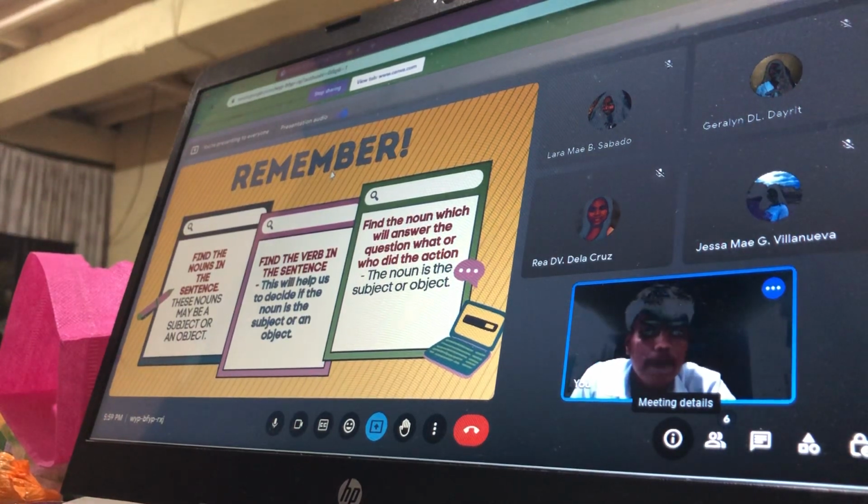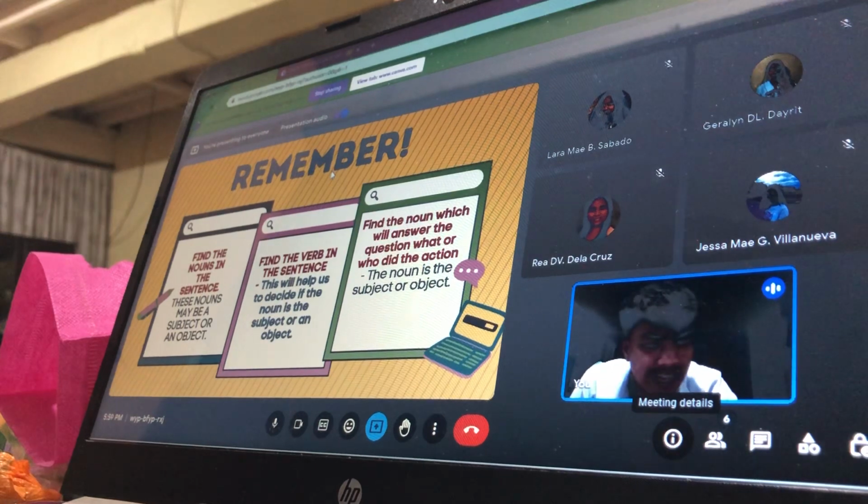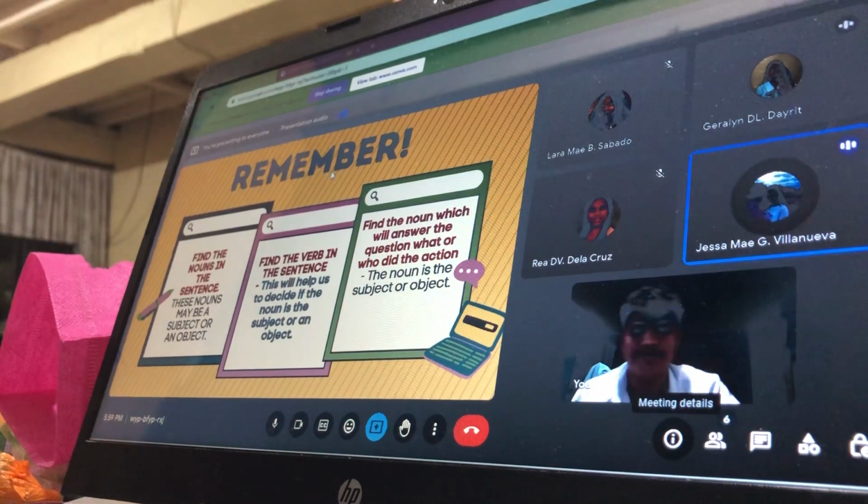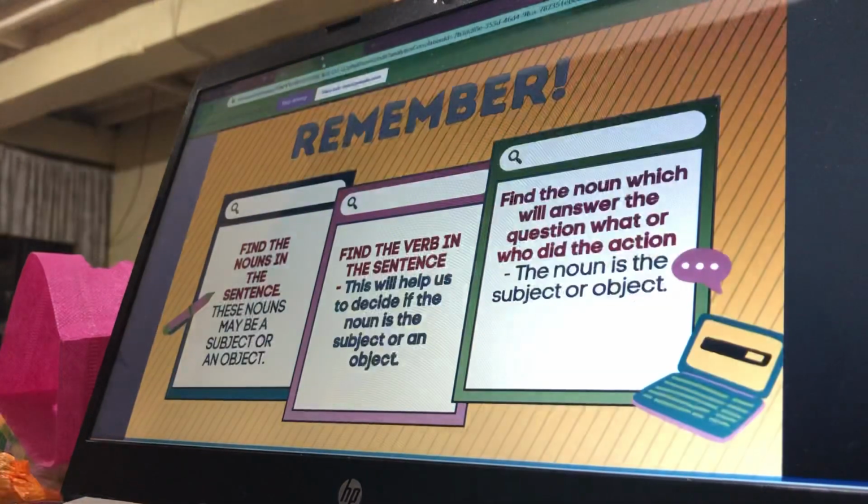And last, find the noun which will answer the question what or who did the action. It can be subject or object. So, do you understand? Yes, sir. Okay, very good.